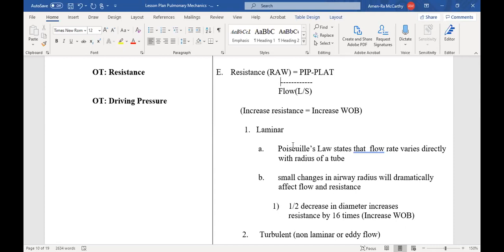That's Poiseuille, a French physicist. That's one of his laws. Okay? So if I say, what is the law of Poiseuille? What does Poiseuille say? You'll say that he says that if I decrease the diameter by half, I increase the resistance by 16 times. What if I say, what does Laplace's law say? What would you say?